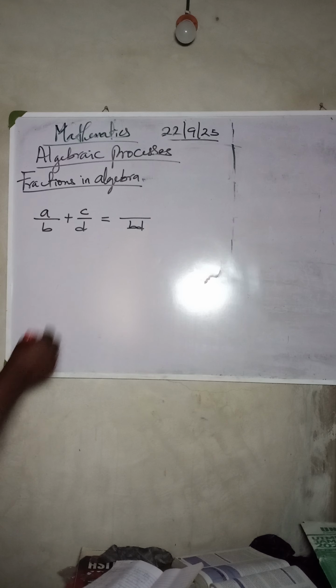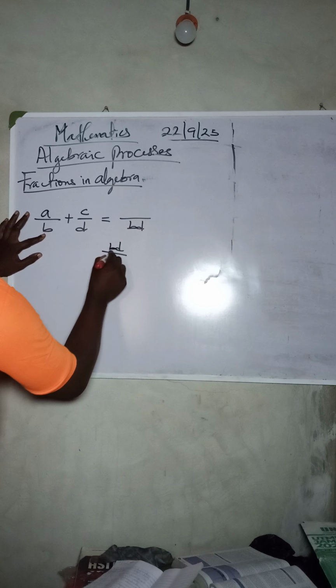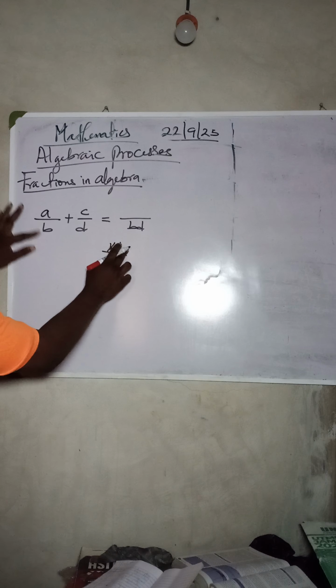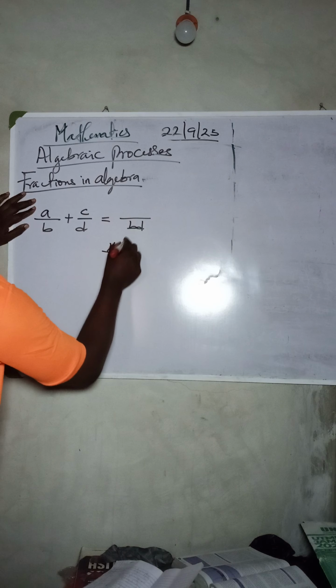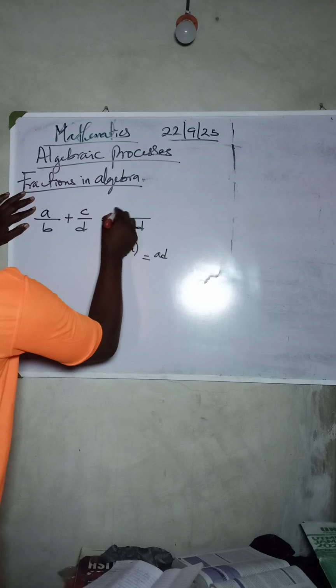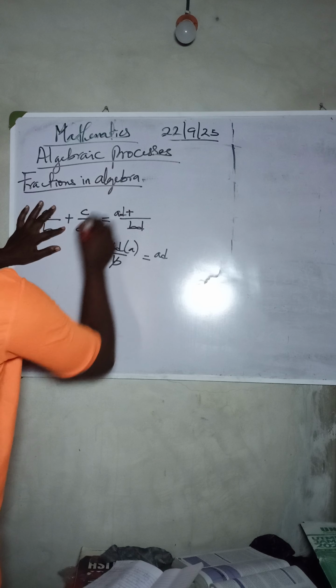So now you say, okay, this BD divided by B, what will you get? You are going to have D. Then D times A will give us AD. Then this plus, bring it here.